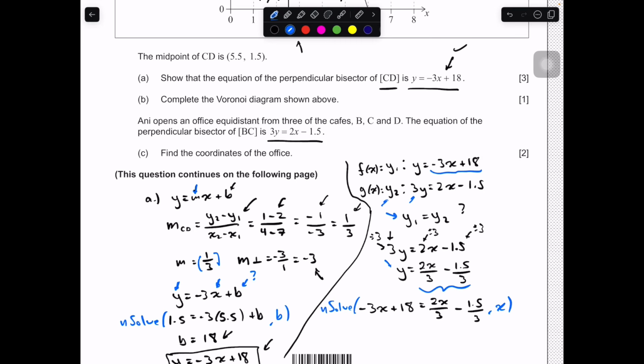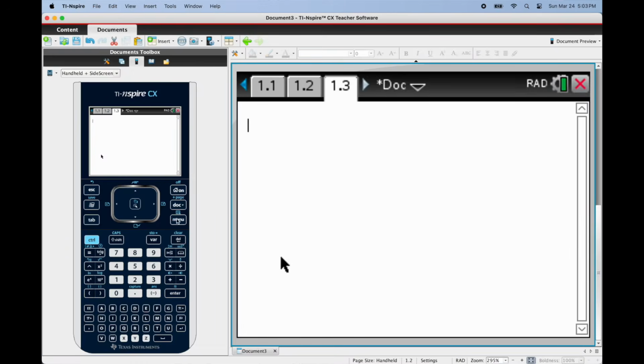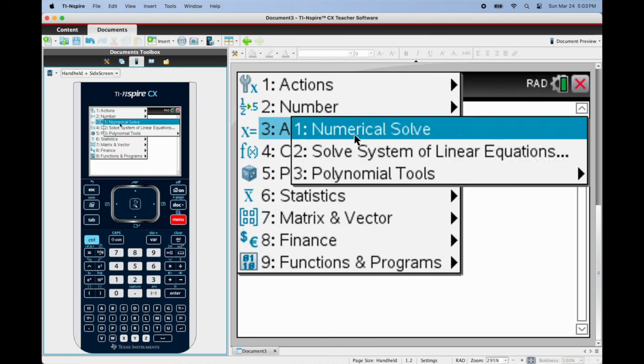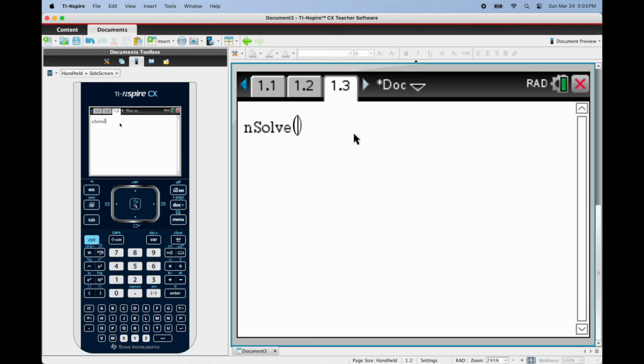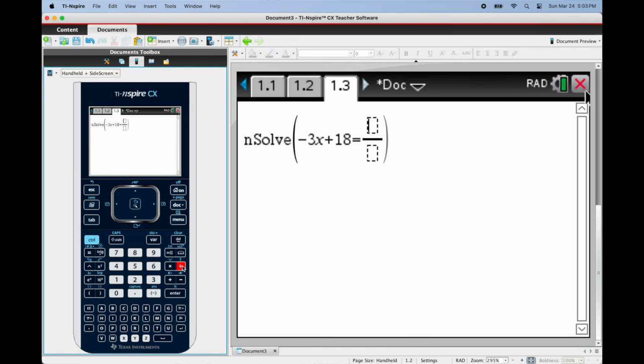Okay, so let's go back to the calculator. Menu, algebra, numerical solve. Negative 3x plus 18 is equal to, and we'll set up fraction of 2x over 3 minus 1.5 over 3, and we'll ask the calculator to solve for x.